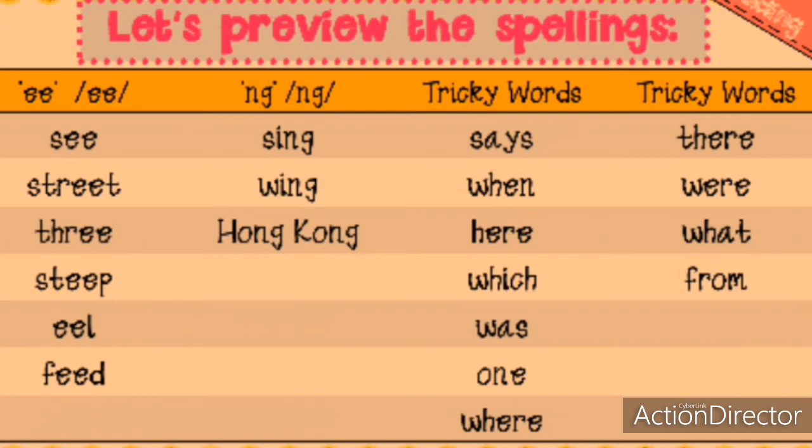These are the tricky words we will encounter in the story. Remember, tricky words are words that do not follow the regular sound and spelling that you are accustomed to by the sounds you've put down in your flip book. So ensure you practice the tricky words.